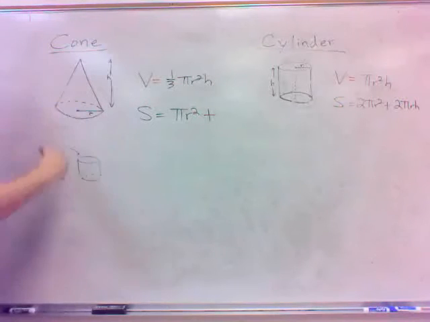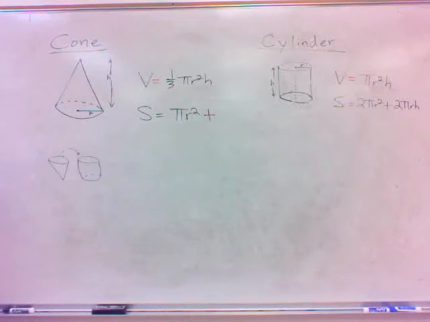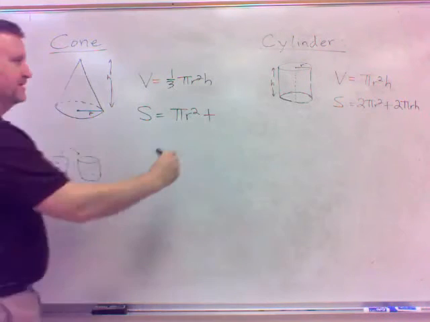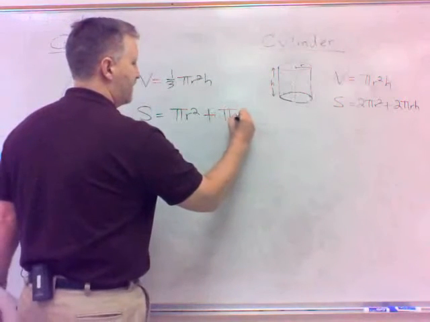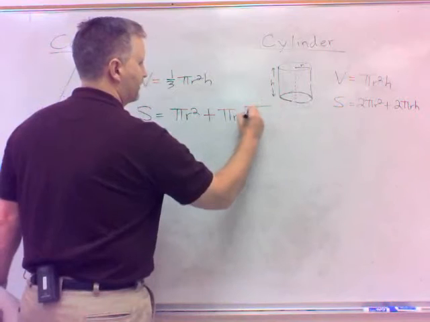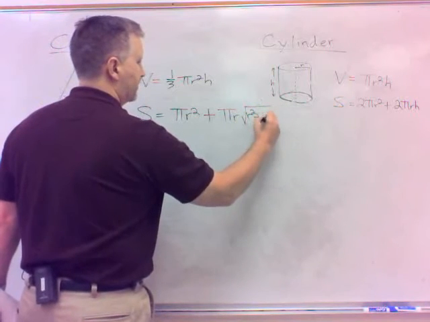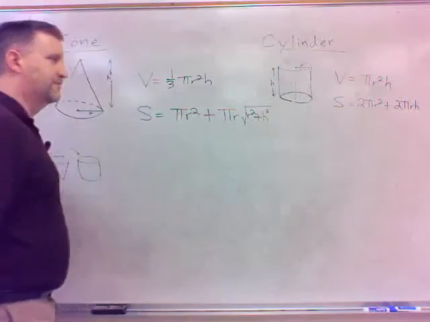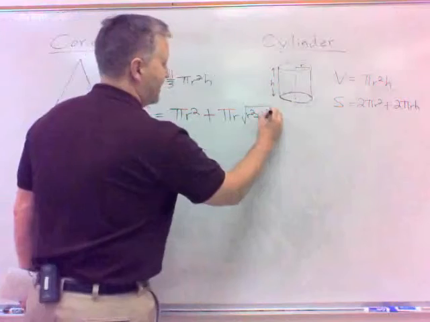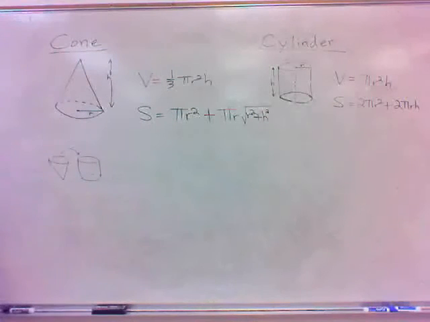Well, that leaves then the rest of the cone, the top of the cone. You can lay it out flat and measure it and all that, but here's what it turns out to be. It's pi r times the square root of r squared plus h squared. That's a nice little one, isn't it? A nice looking little formula.